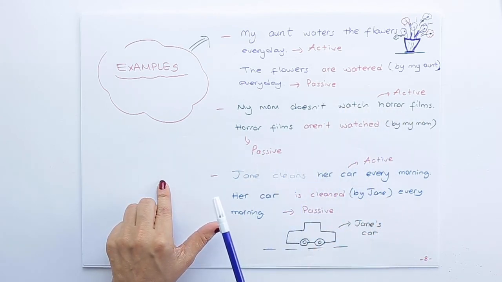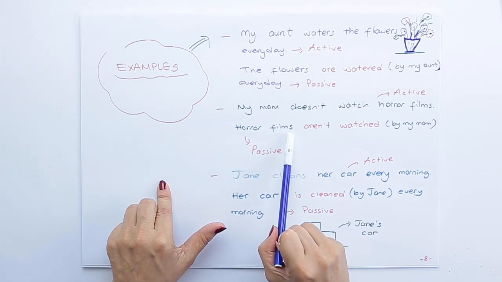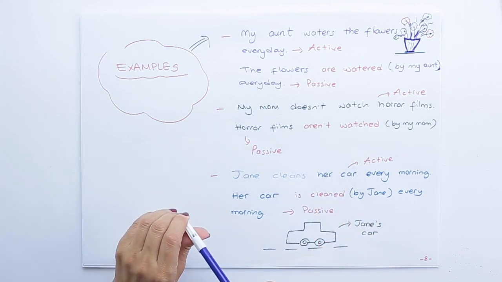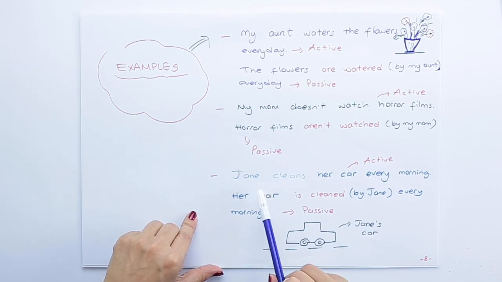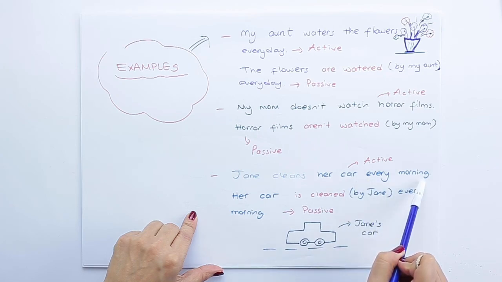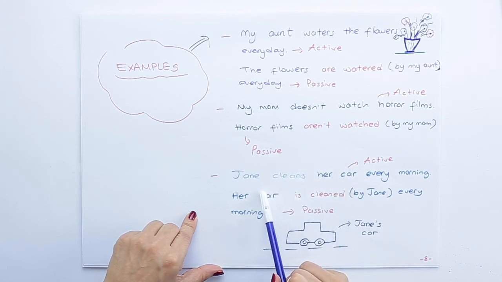Horror films aren't watched by my mom. The last one, Jane cleans her car every morning. Active sentence. Her car, this is my subject now, is cleaned by Jane every morning. Passive sentences.